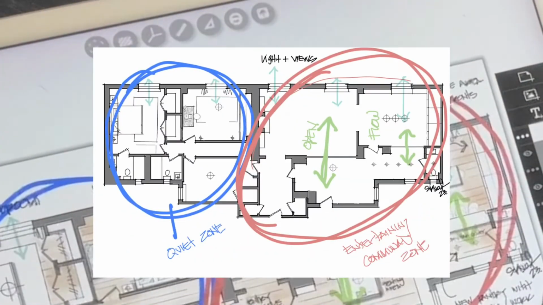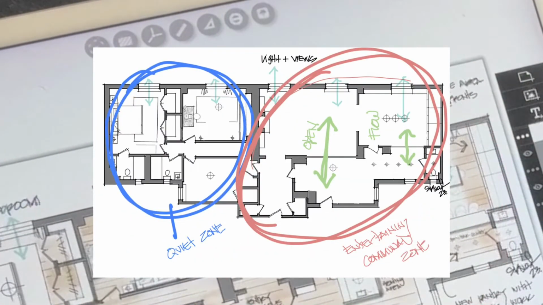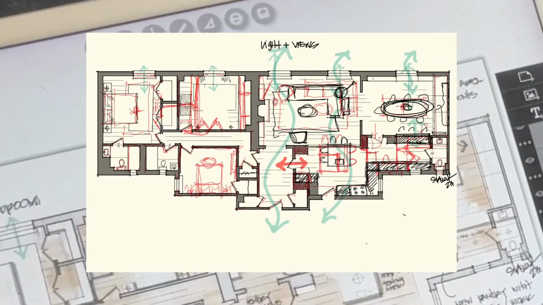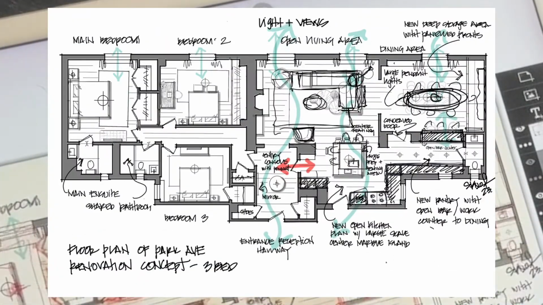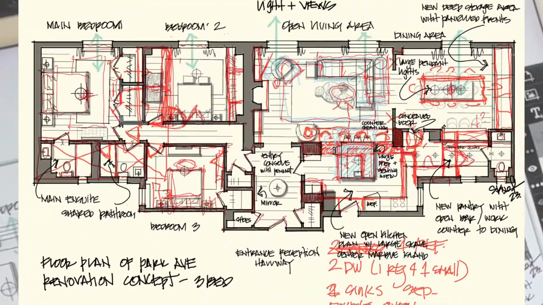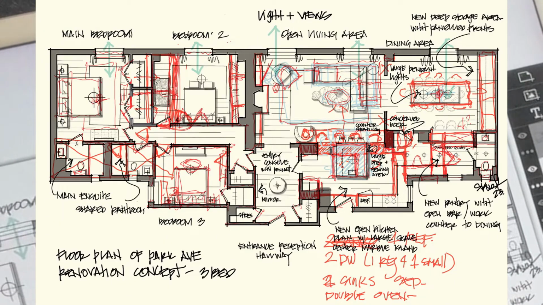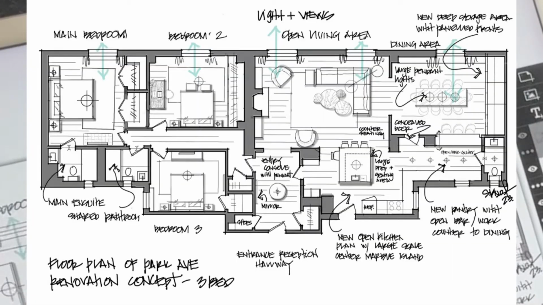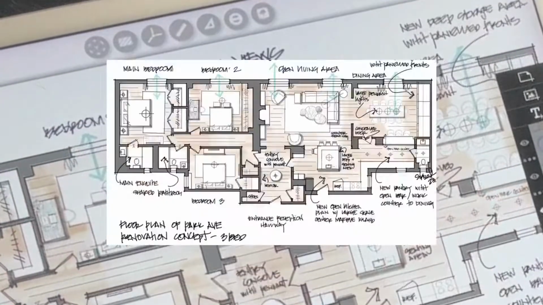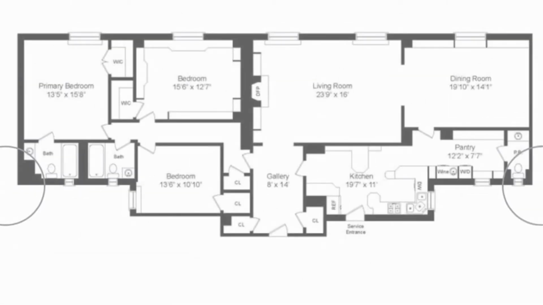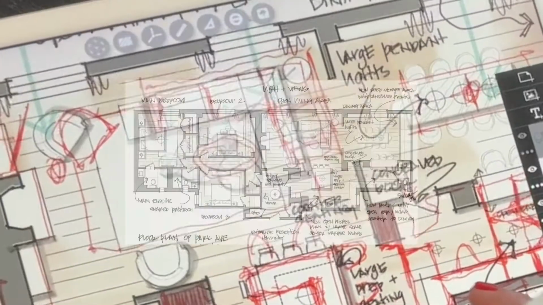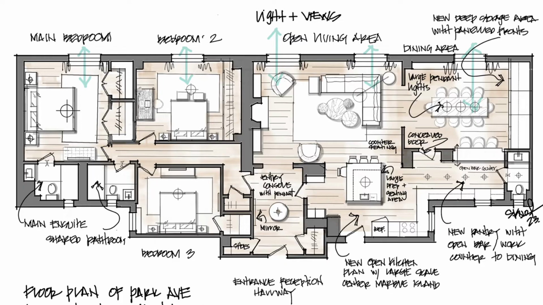We can now turn on and off our layers and show our clients the process, from our bubble diagrams to our schematics, early initial design concepts, sketches, pre-planning, down to our clean floor plan and our final plan with a nice render on it. Showing our process from the basic Realtor plan all the way through to our final rendered plan.